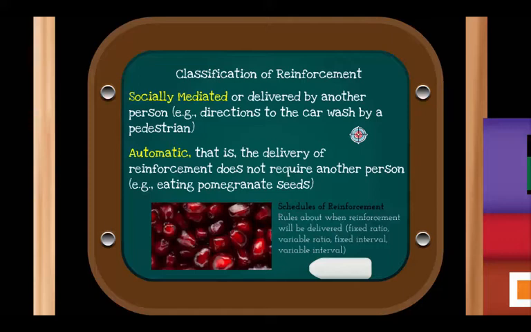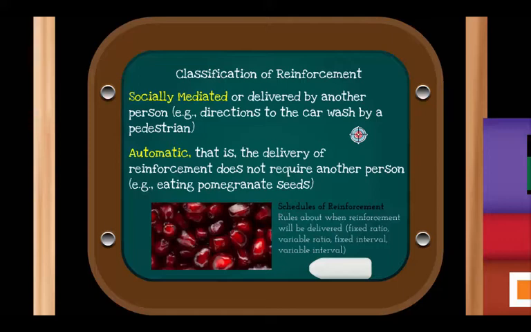Now that can be considered separately from what's referred to as automatic reinforcement. And automatic reinforcement does not require another person to organize it for us. So for example, if I take a spoonful of pomegranate seeds and I eat those pomegranate seeds and they explode with flavor in my mouth, and they're wonderful and they're ripe and they taste just fantastic.